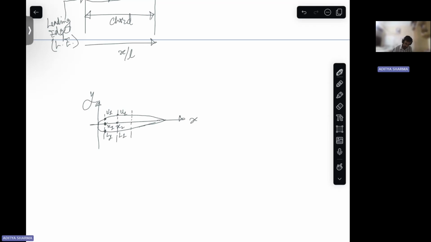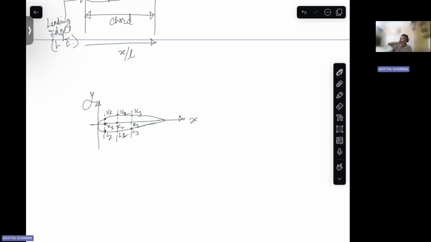Then let's say we have x3, upper 3, lower 3. So the center of U1 and L1, center of U2 and L2, center of U3 and L3.